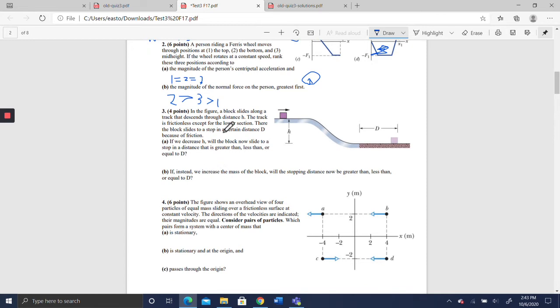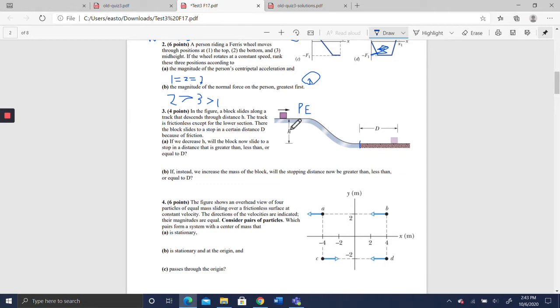So the block slides across the track through distance h. The track is frictionless until we reach this point here. They want to know what happens if we decrease the h. And the answer there is that the higher h is, the greater our potential energy will be. And thus, the greater the potential energy, the greater our total energy.